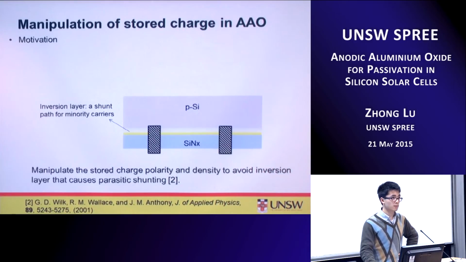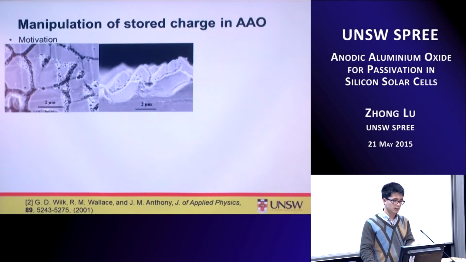As I mentioned before, part of my PhD work is trying to develop a localized contacting scheme using AO. And yeah, we managed to do that with the AO, the self-patterning AO. Here are two SEM images verifying the localized contact.